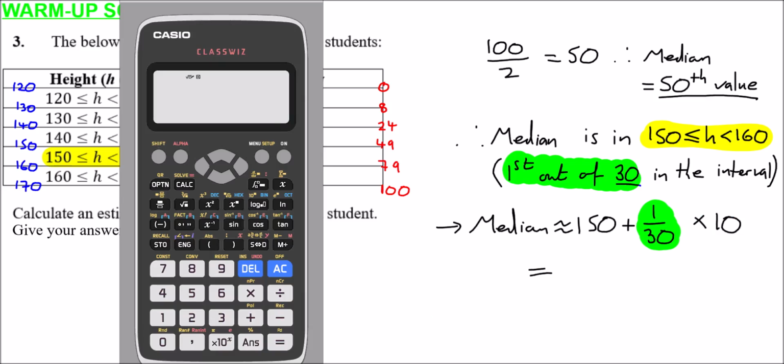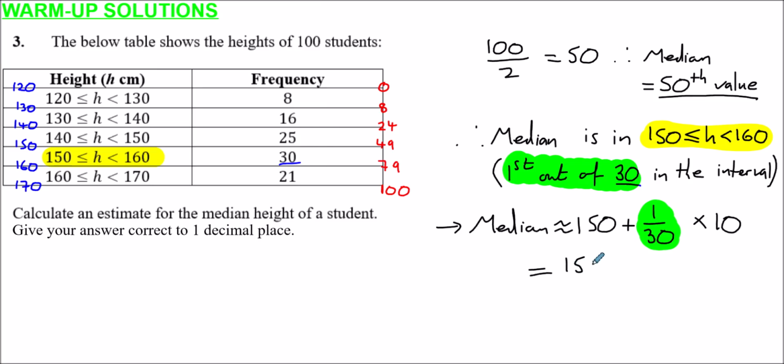And so if we calculate this now, we're going to have 150 plus 1/30 multiplied by 10, and to 1 decimal place, that gives us 150.3. So the estimate of our median is 150.3 centimetres.